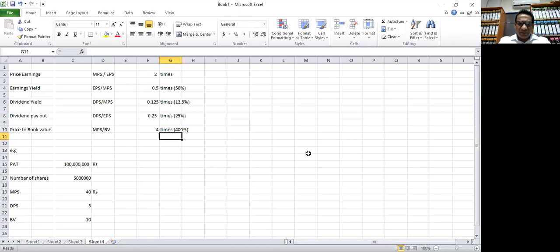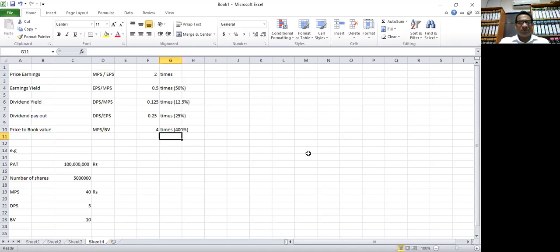Sorry, there were a couple of questions. Why do we factor interest tax shield in return on assets? Isn't interest determined by the financing strategy rather than the investing strategy of a company? It's like this. Return always means a profit. When you calculate return on assets, we calculate the operating profit after tax.